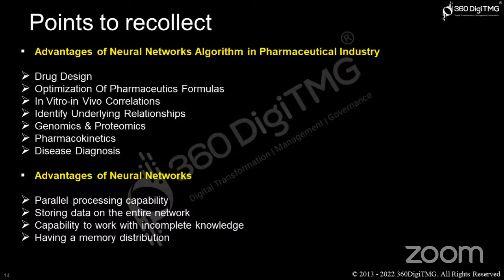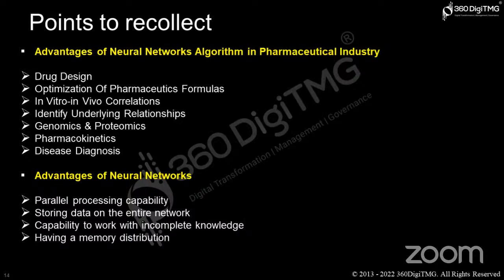The advantages of neural networks include parallel processing capability, storing data on the entire network, the capability to work with incomplete knowledge, and memory distribution.